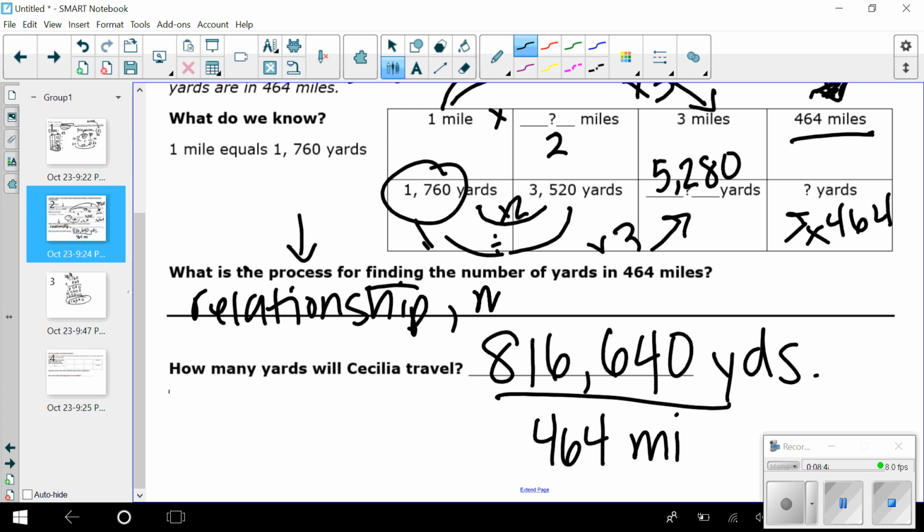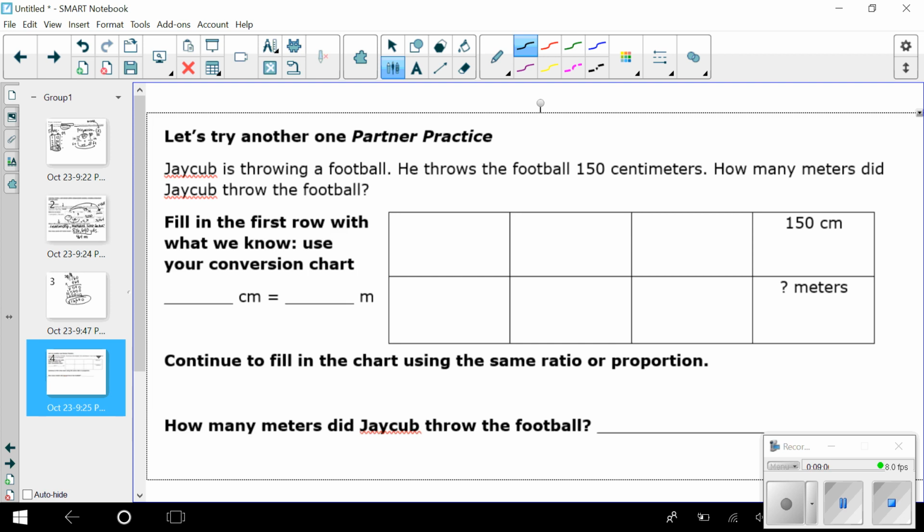You multiplied by the scale factor. So there's some more vocabulary that you can use. Those are just some ideas, okay? So you can pause the video and fill in that information. And then we're going to look at one last problem. We're going to try it together.